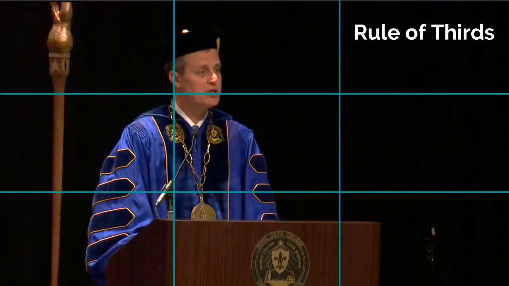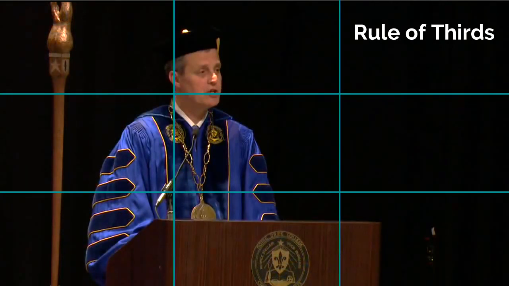Well, basically what it does is it breaks up the video into thirds vertically and horizontally. And why this is important is because it balances your shots. They become more balanced, and then it enables a viewer to interact with it more naturally.